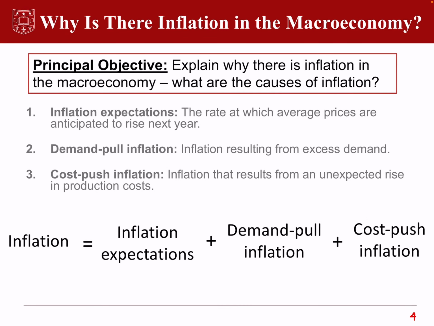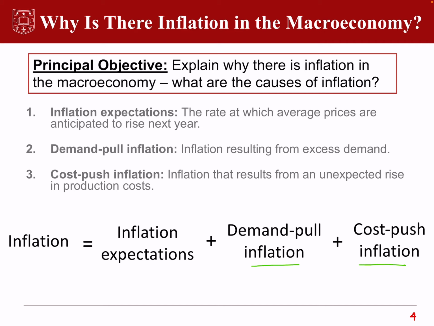And so, what we'll see is that quite literally, in our example, we'll think about the actual rate of inflation that's experienced in the macroeconomy as being the sum of inflation expectations, the inflation that's due to demand pull factors, and the inflation that's due to cost push factors.